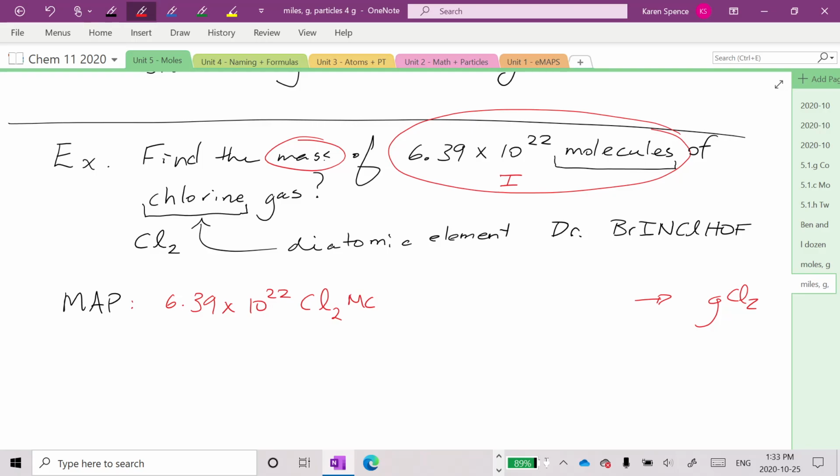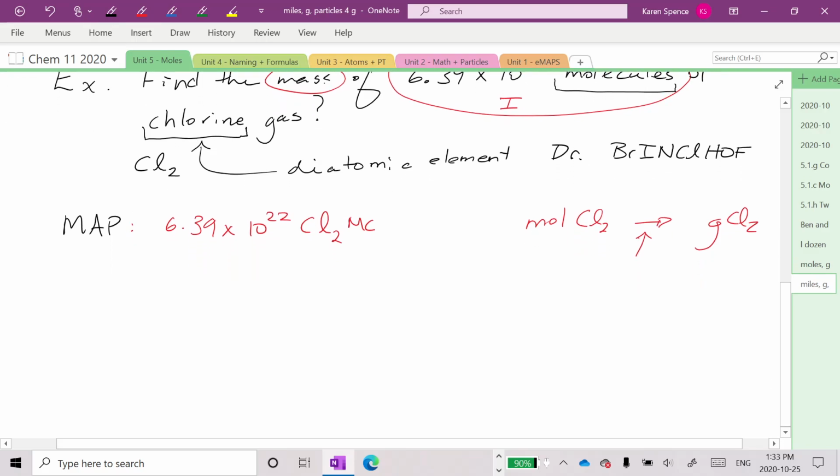But what I do know is how to always go from moles to grams because I can always use the molar mass, because molar mass is the grams per mole. It's the mass of 1 mole of a substance. So we're looking for the grams of Cl2 per mole of Cl2. And where do we find that? We find it on the periodic table and add them up.